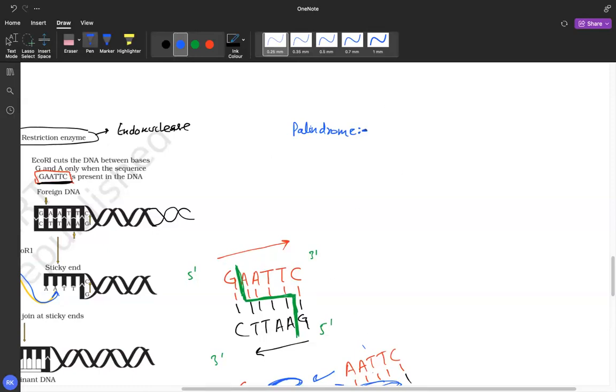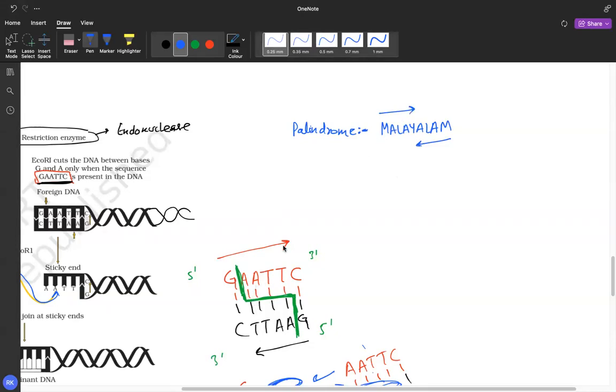Like the word Malayalam. You read it in this direction, it spells the same. You read it in another direction, it spells the same. Do you understand? So this word is a palindrome.